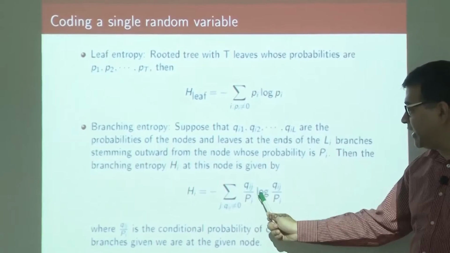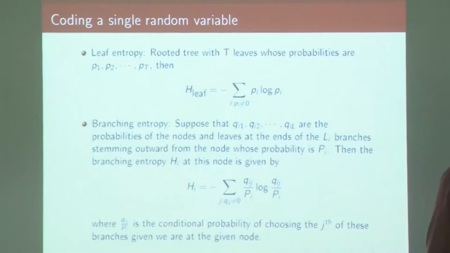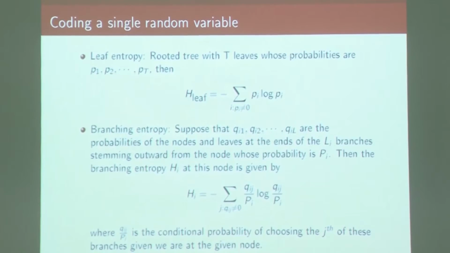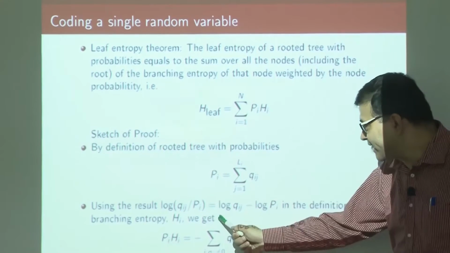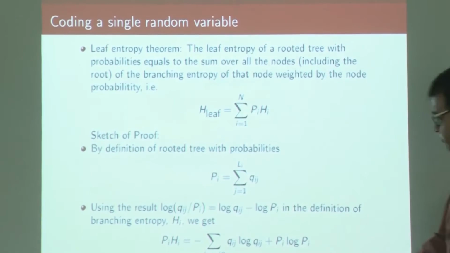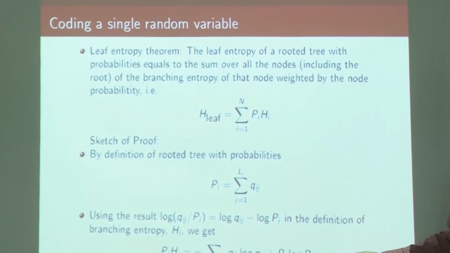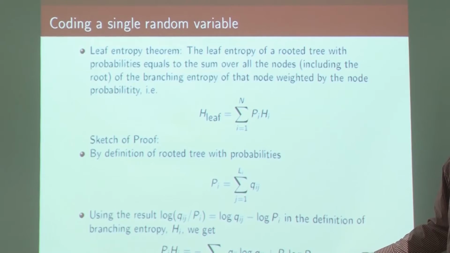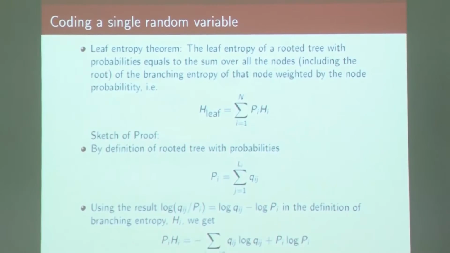What I have is minus Qij log Qij by Pi, summed. Now I can write log Qij by Pi this way. So Pi Hi can be written in this particular way, because the Pi in the denominator gets cancelled when I multiply by it. So what I get is this.